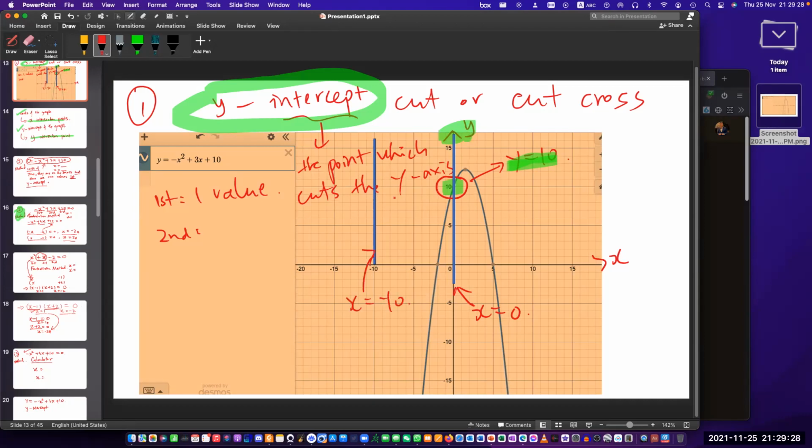And then if I have another line, I put it here. So this is where your x is equal to -5, right?